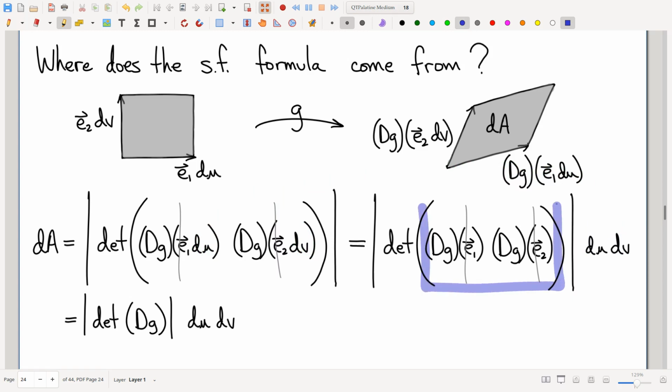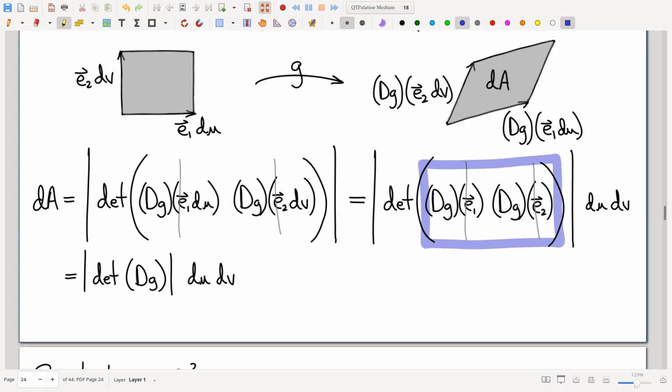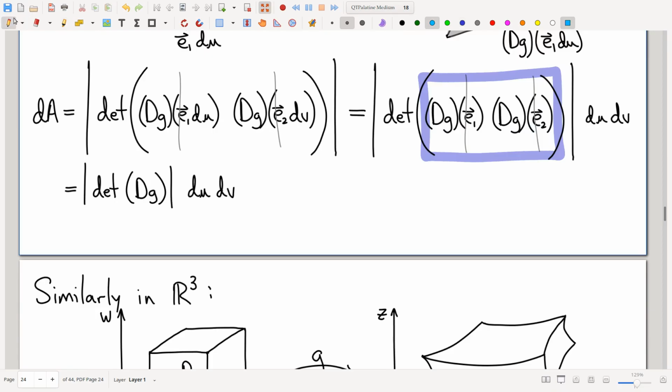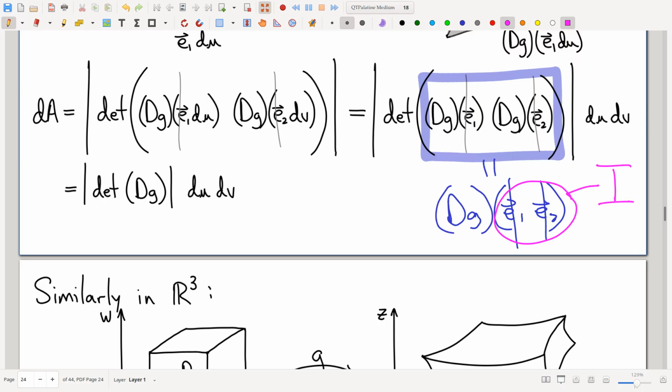This matrix, y'all will probably recall, could be rewritten as a product like this, where those are the columns of that second matrix there. So the E1 and the E2, I can just do it like this. And then you notice, hey, wait a minute, that's the identity matrix. And so this whole thing here is just DG times the identity matrix, namely it is DG.